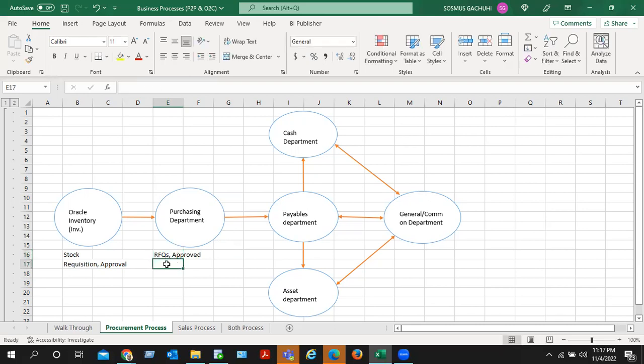Once they have been approved, they will be shared with the suppliers, and once the suppliers have received them, we'll get something we call a quotation. Suppliers will share several quotations with us. Then we'll do quote analysis.